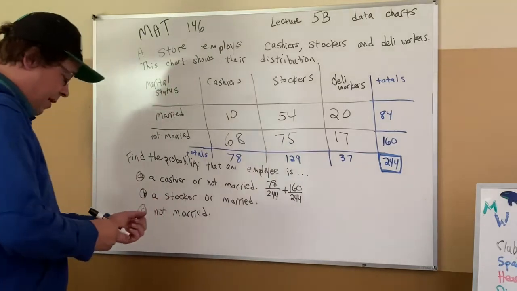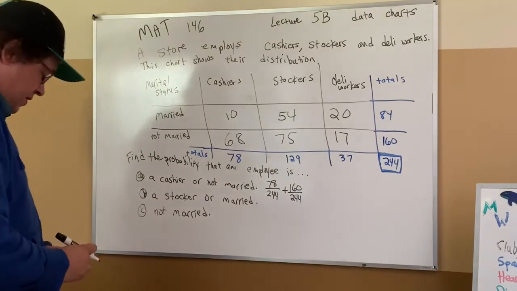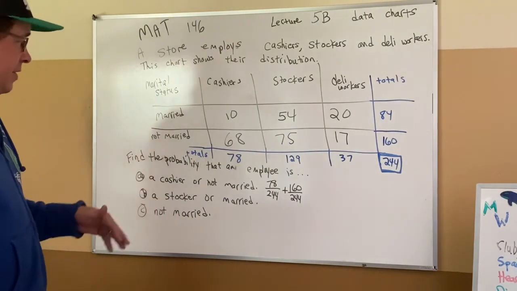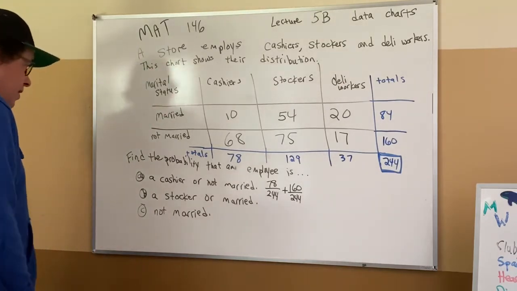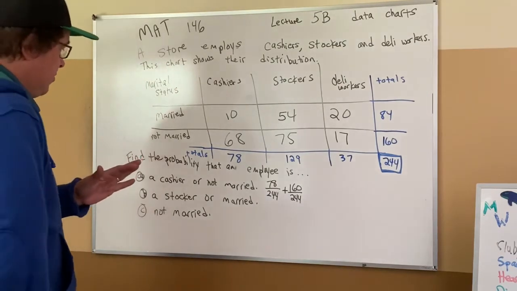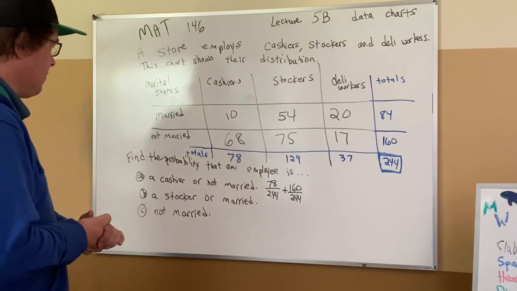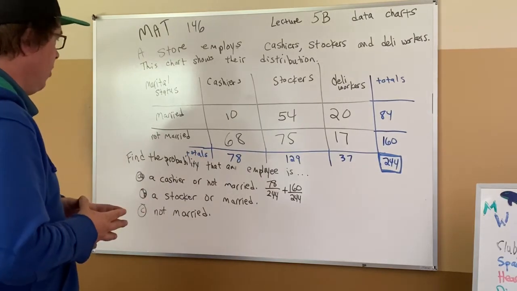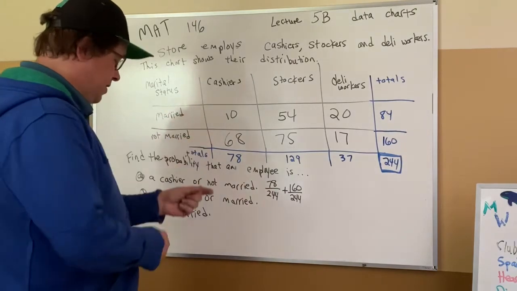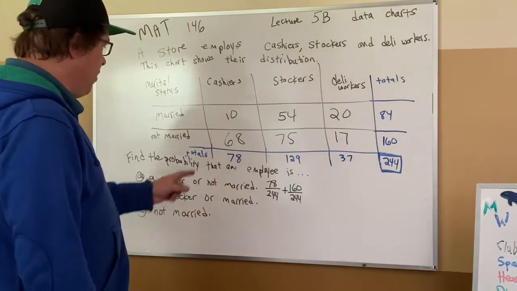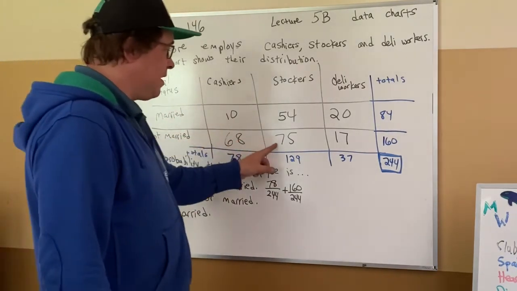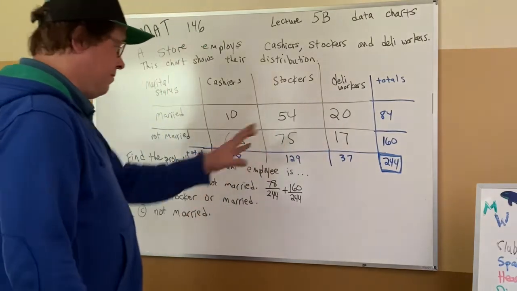But is there any overlap? In other words, are these sets having overlap or are they disjoint? Let's look at the numbers that we get when we look at all of them. This might help understand how that or value works. When we got the total of the cashiers, we did this 10 and that 68. When we went for the not married, we went for that same 68 and the 17 and the 75 that are up here.